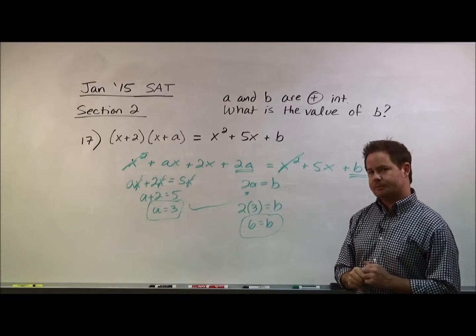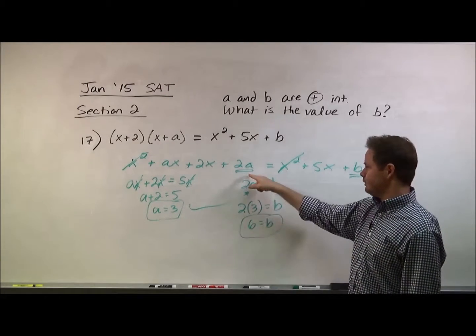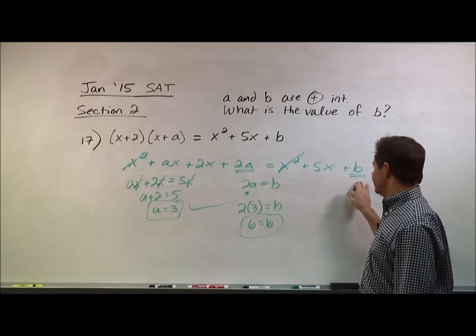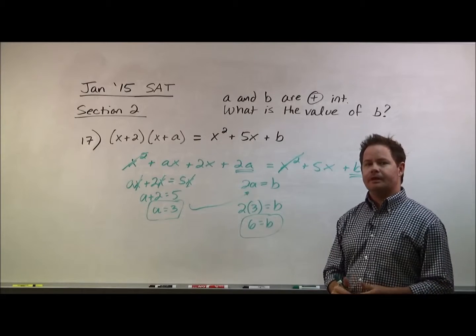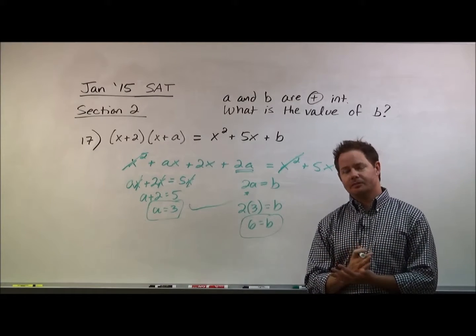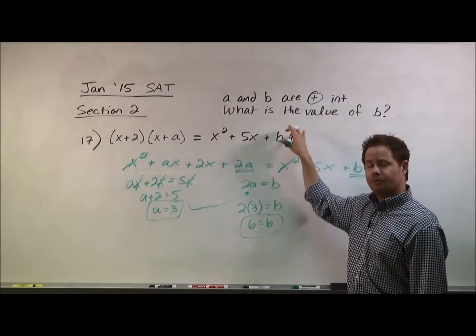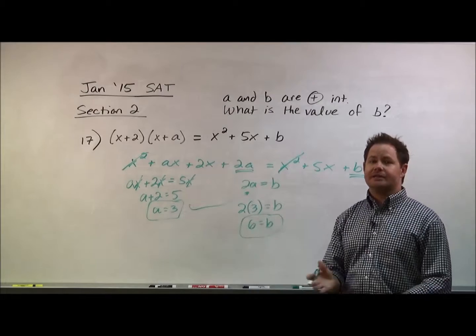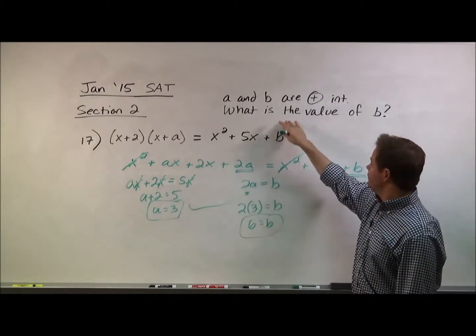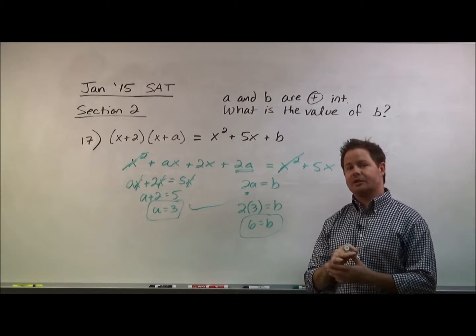Now the one thing that trips people up on this sometimes is when we say constants, when we say numerical terms, a lot of people say, wait, but that has an a, that has a b, those aren't numerical terms, those have variables in them. By definition, a variable means that it could be any value. So in this problem, when it says that this is true for all values of x, that means x is a variable. But a and b are specific values of positive integers, which means that they're not variables.